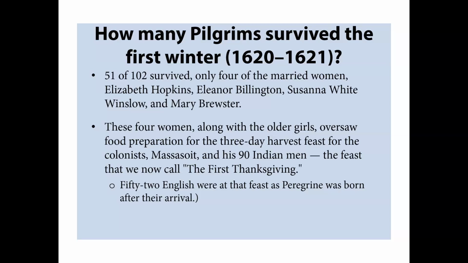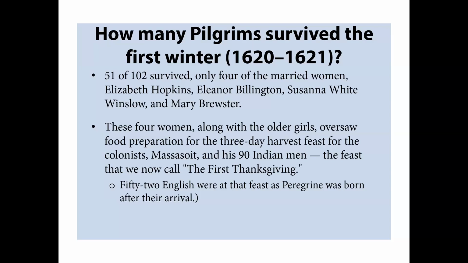There were also children who had to become wards. For example, Mary Chilton's parents had both died, and historians say she was a ward of either John Alden or Miles Standish.